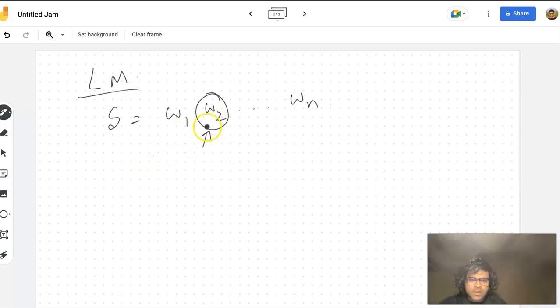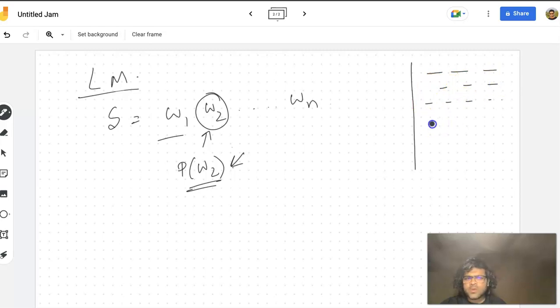if I don't use any context, then we can just find the probability of this word. What is the probability of w2 without seeing any of the context? Then you have to have some corpus. Suppose someone gives you a large corpus with multiple sentences, each consisting of multiple words.